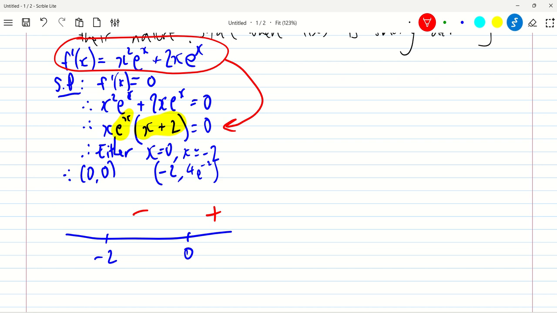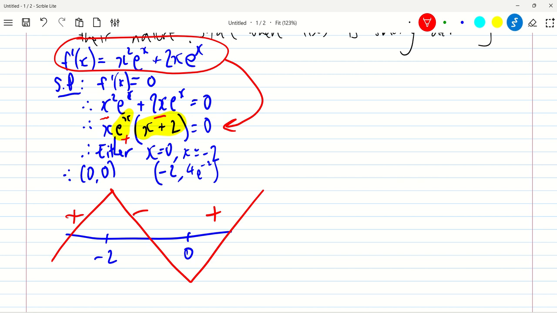And lastly, let's have a think about out here, less than -2. So let's just do -10. Let's choose something obvious. So x is -10, that'll be negative. E to the power -10 will be positive. And -10 plus 2, that's -8, so that'll be negative as well. So negative times a negative is going to be positive out here. And so that gives us a bit of an idea: positive, negative, positive.